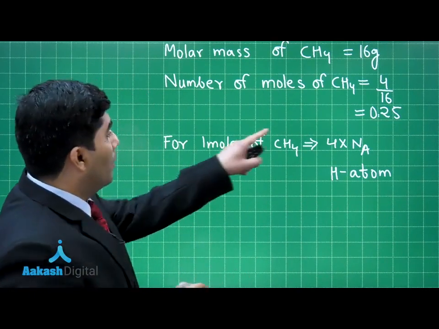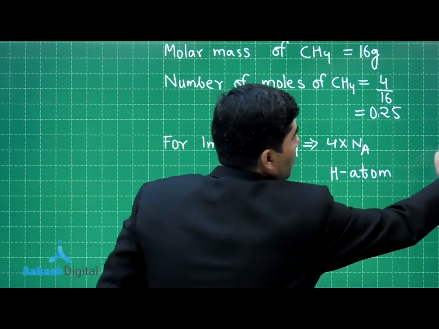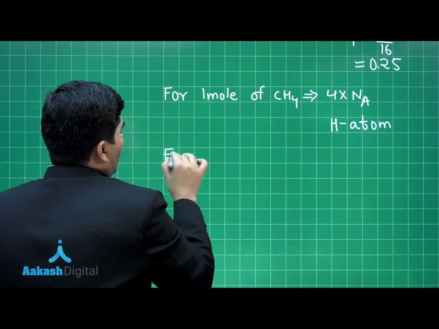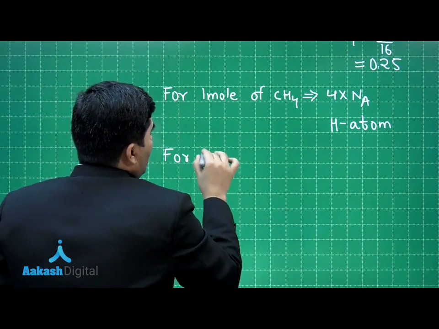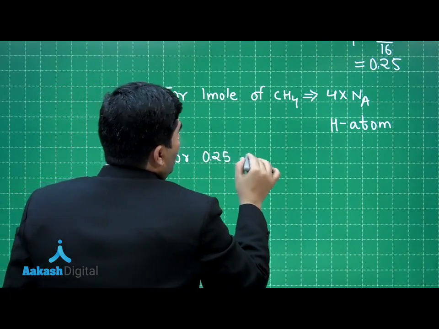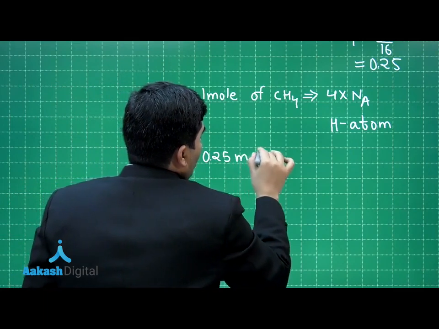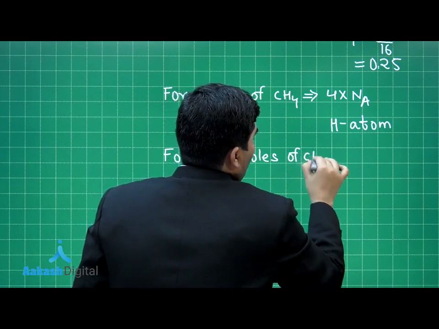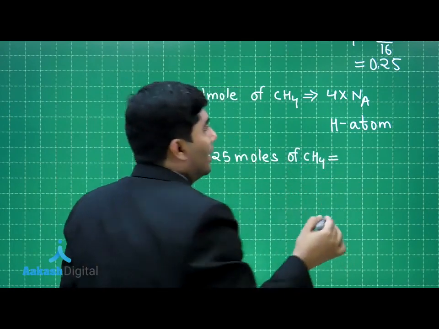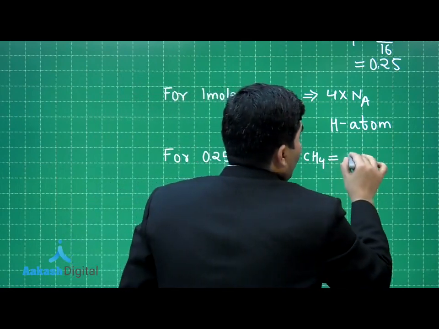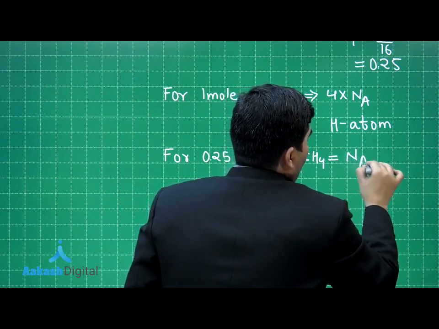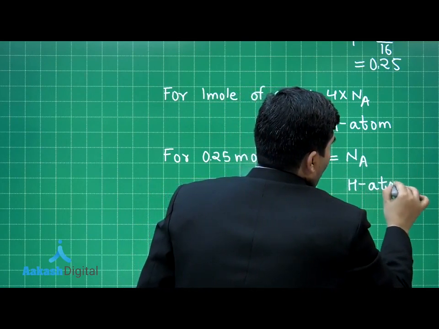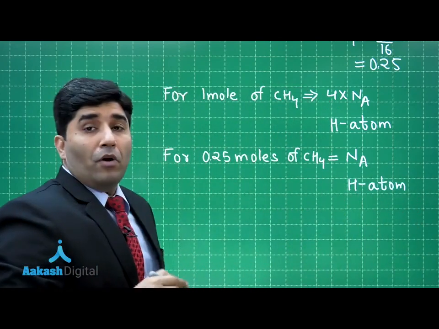But we don't have 1 mole, we have 0.25 moles. So, for 0.25 moles of methane, it will be Avogadro number of hydrogen atoms.